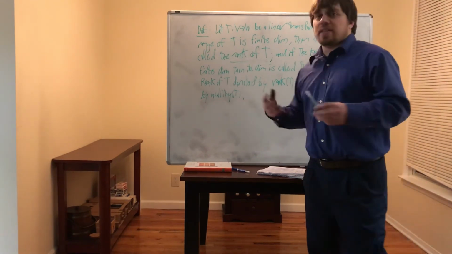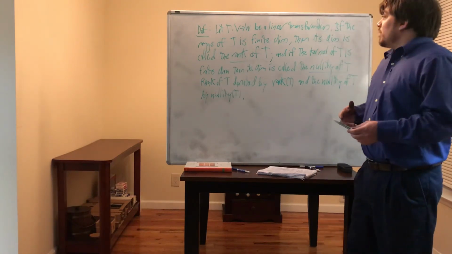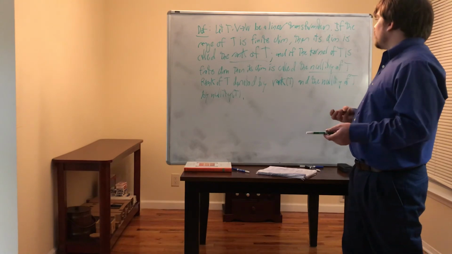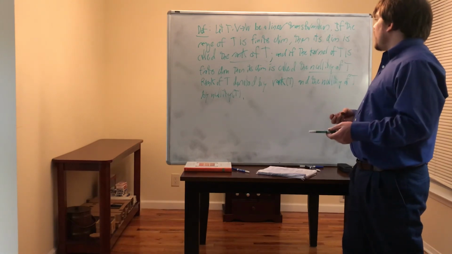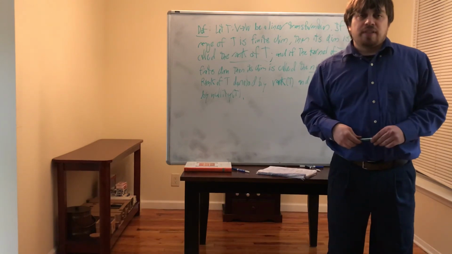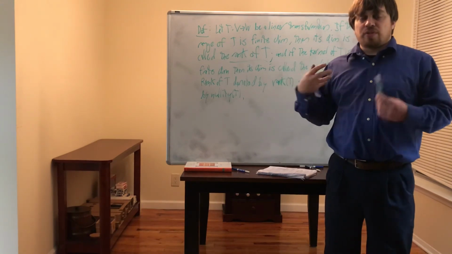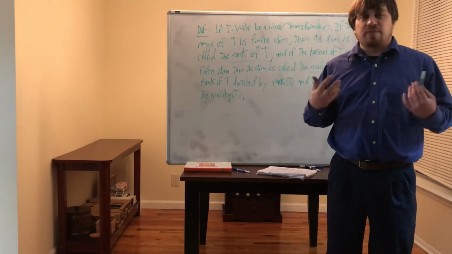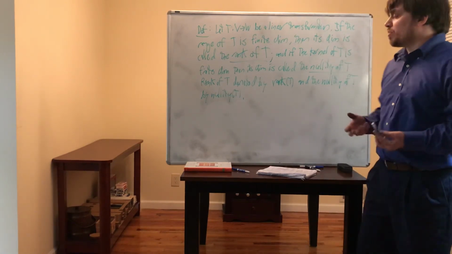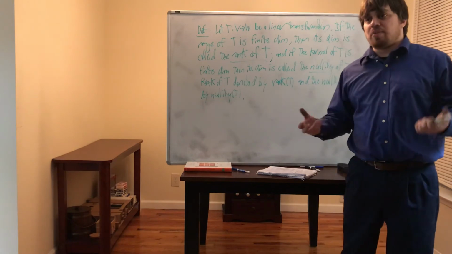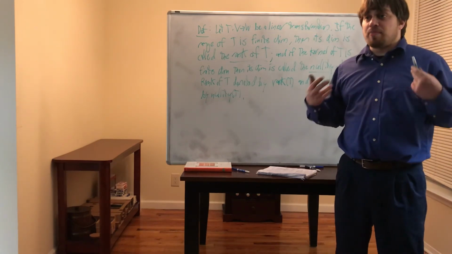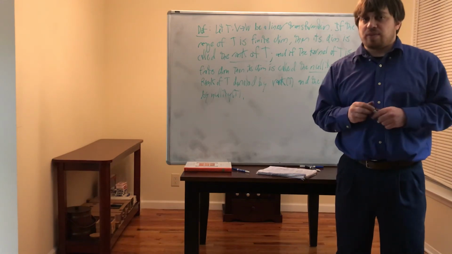We showed the range of T and the kernel of T are both subspaces, in the last board. And as subspaces, they're vector spaces. Every vector space has a dimension, the number of vectors in any basis for that vector space.